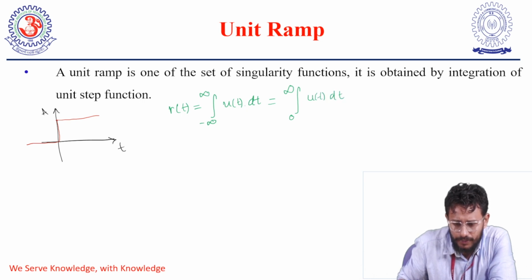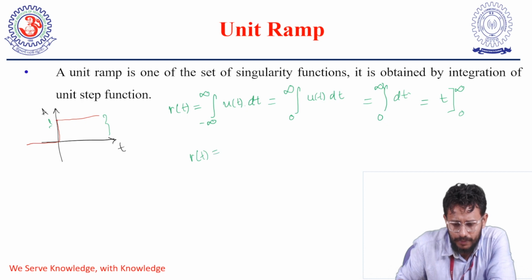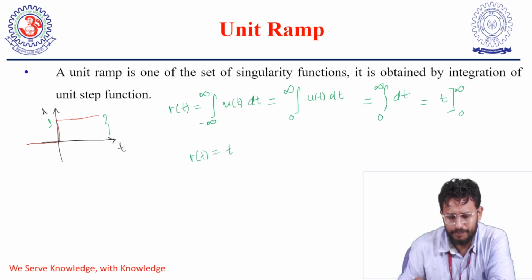And I know the value for unit step from time 0 to infinity is, as you can see from here, its magnitude is 1. Now if we go ahead and solve this, we'll be getting dt, and that would be t over the time 0 to infinity. Now with this, we could say that a unit ramp input is essentially t.